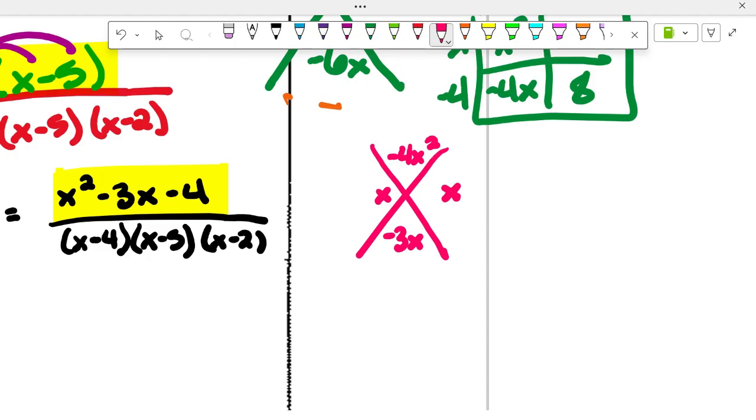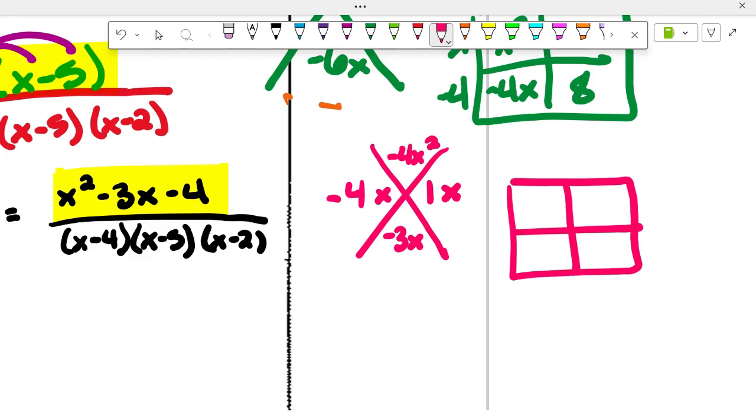If we're multiplying to a negative, that means one of the values has to be negative. So what are two factors of 4 that can add to 3? 4 and 1. In this case, the 4 has to be negative. So, quick reverse box.